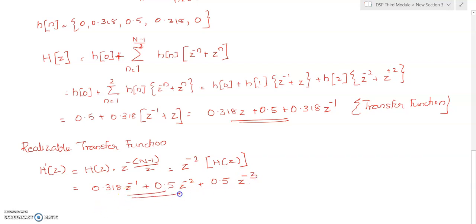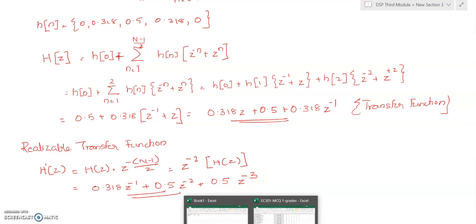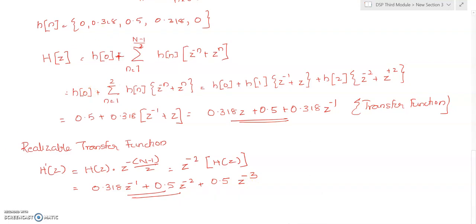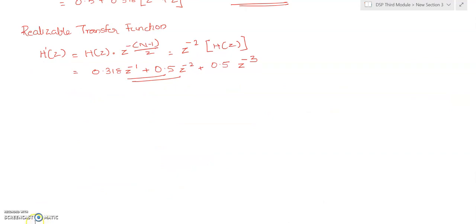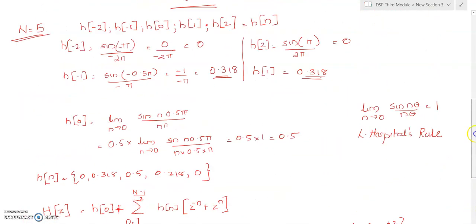So eventually this becomes our final transfer function, 0.318 z raised to minus 1 plus 0.5 z raised to minus 2 plus 0.5 z raised to minus 3. This is the realizable transfer function. This in total sums up the transfer function realization, and we have come to the end of the particular problem.